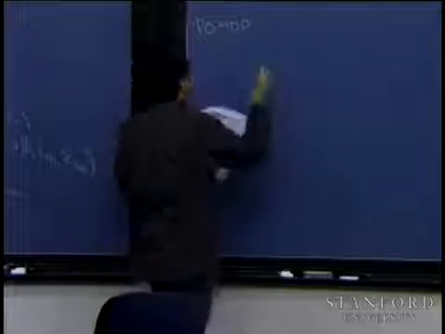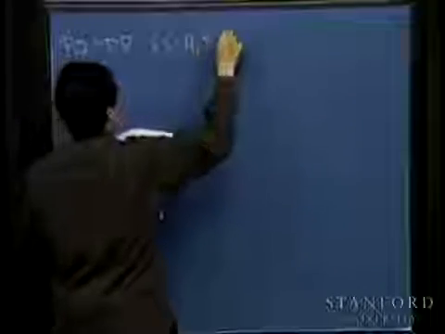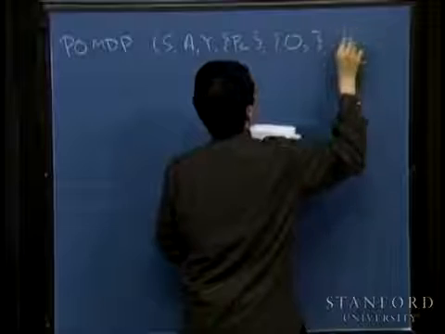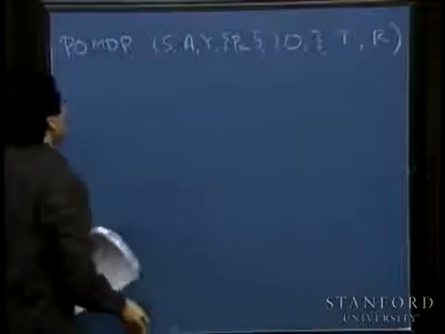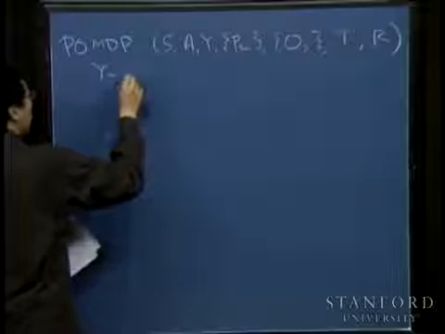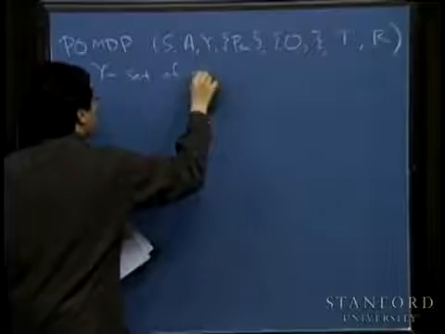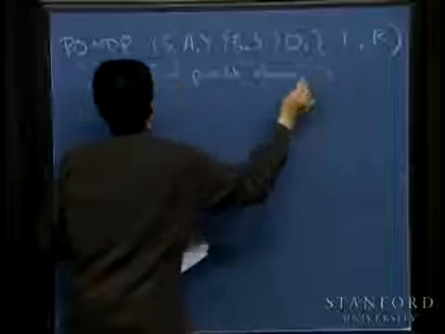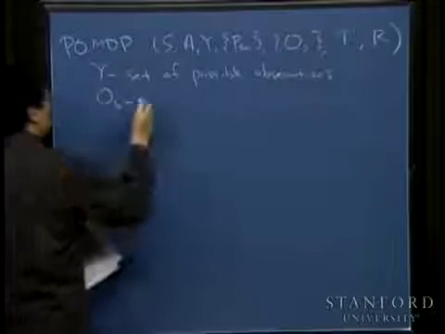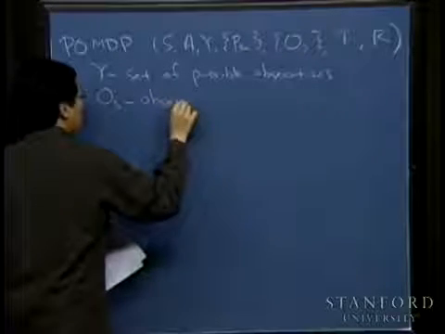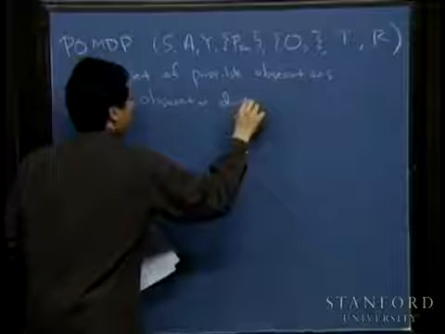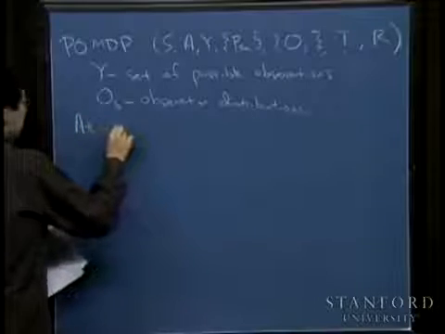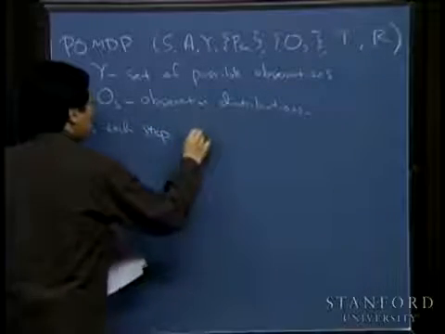A POMDP formally is a tuple, where the set Y is the set of possible observations and O subscript s are the observation distributions.